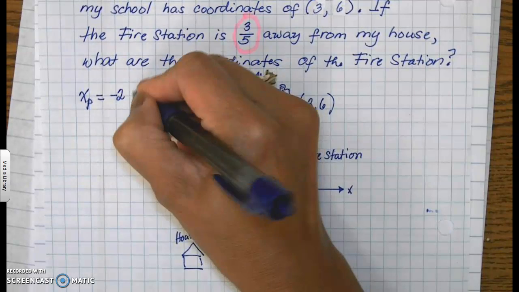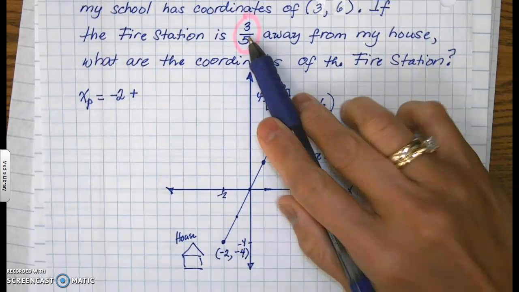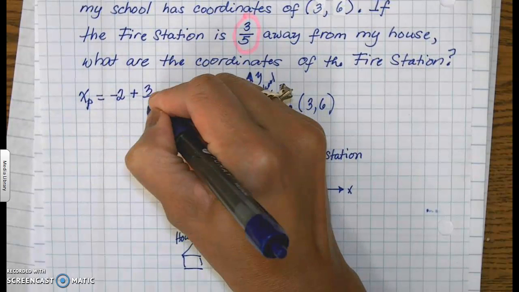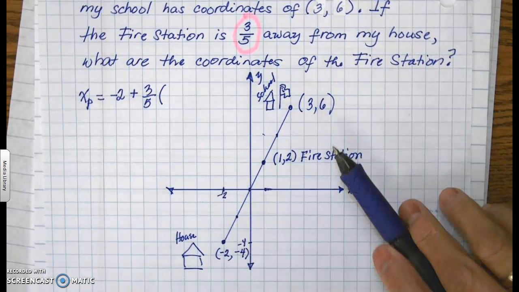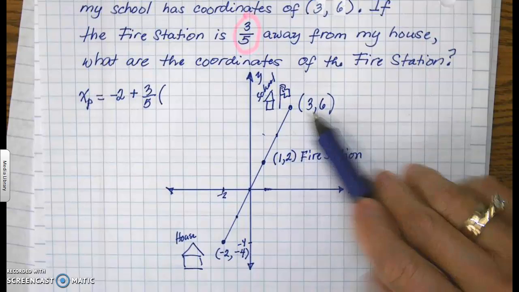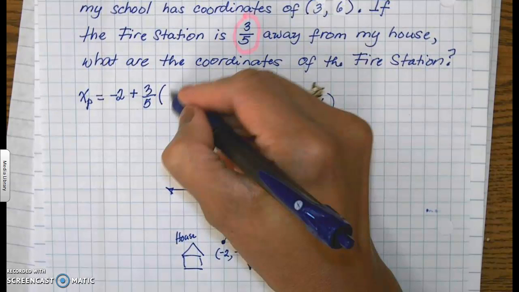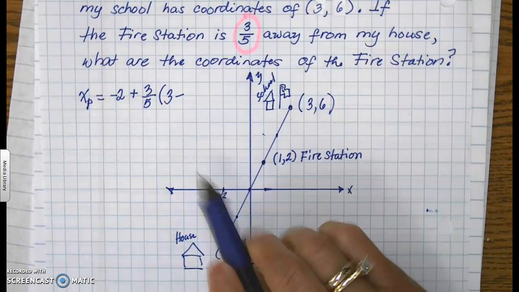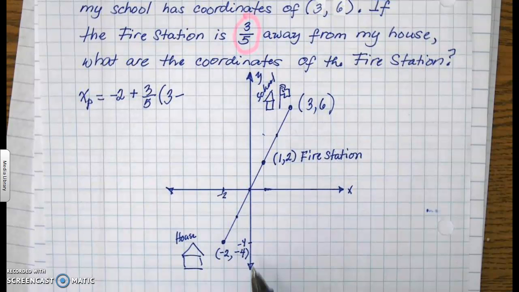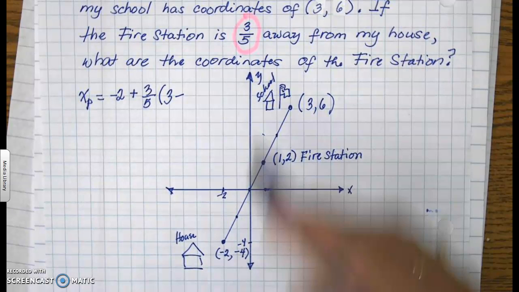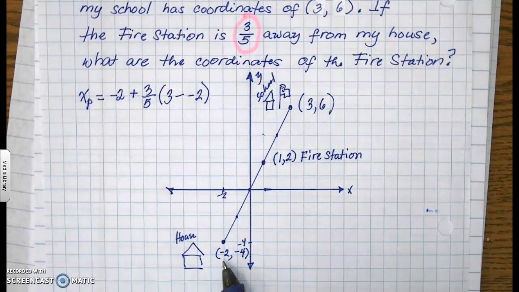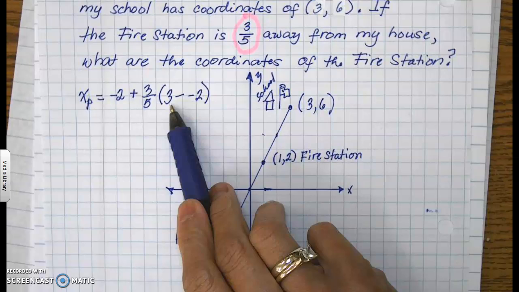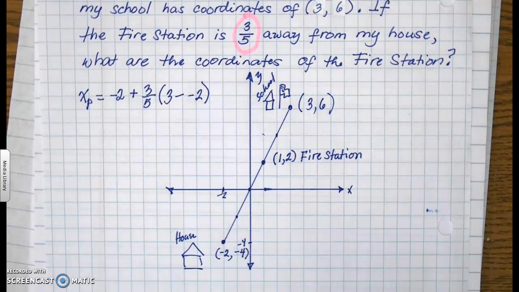You're going to add that to your fractional distance of 3/5, but you will multiply that to the difference of 3, the endpoint, minus, which is fixed. That's a fixed formula. Minus the -2, minus the beginning point. So endpoint minus the beginning point.